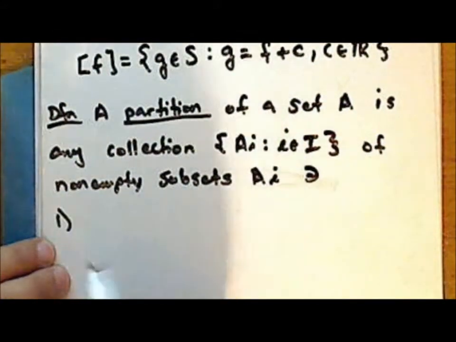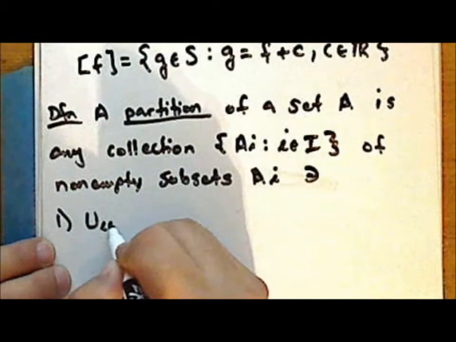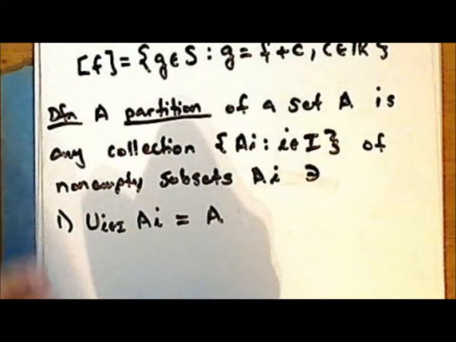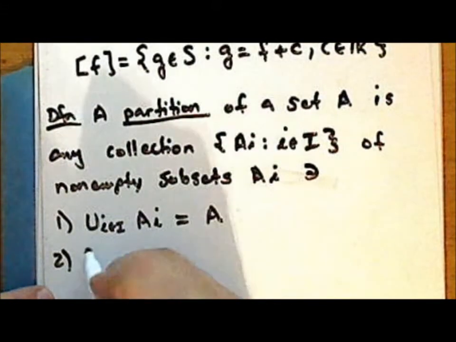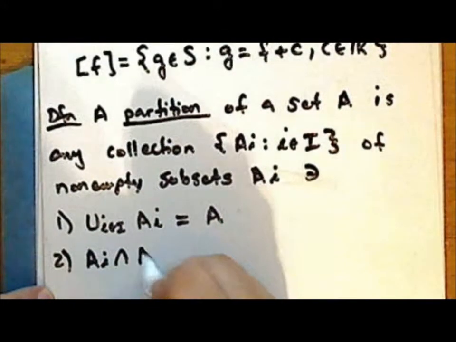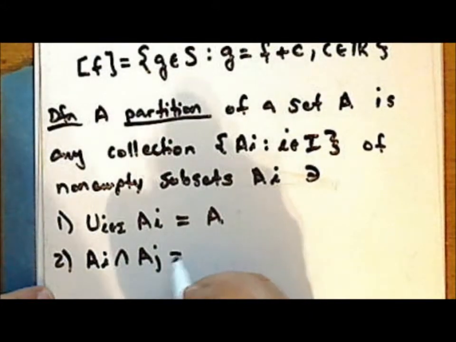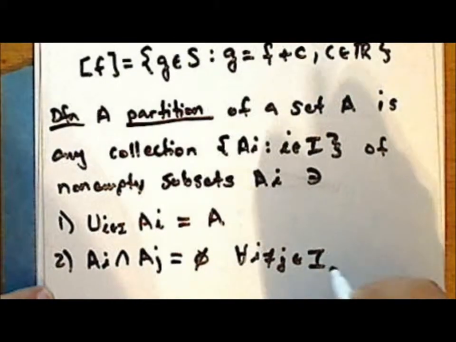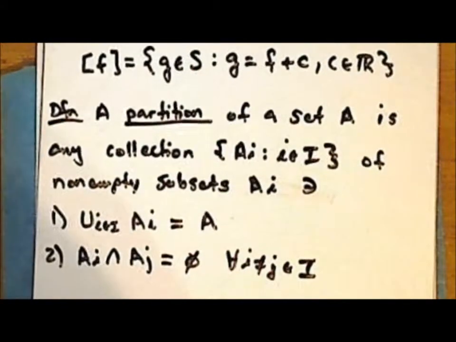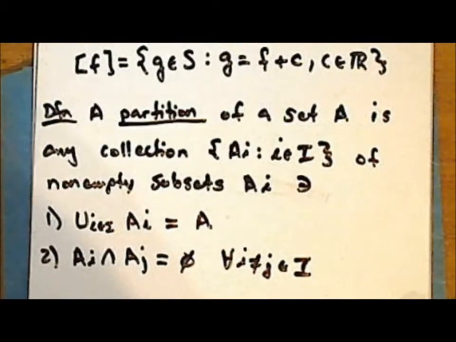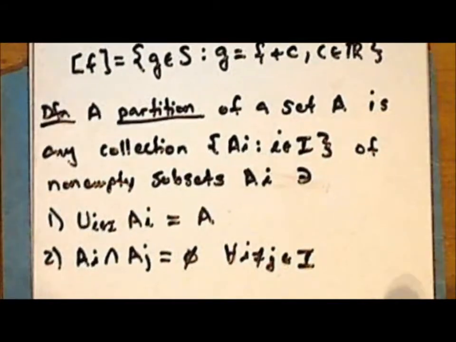One, the union of these non-empty sets A sub i is the entire set A, and two, the sets in the collection are mutually disjoint. That is, A sub i intersected with A sub j is empty for every i not equal to j in the index set I. So a partition of a set is a collection of non-empty subsets that are mutually disjoint and whose union is the entire set.